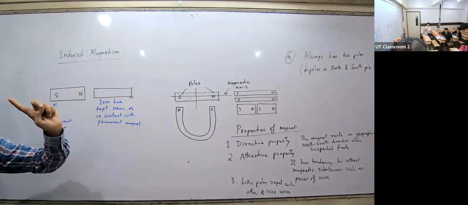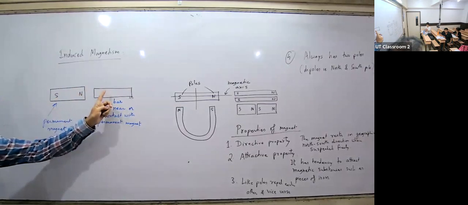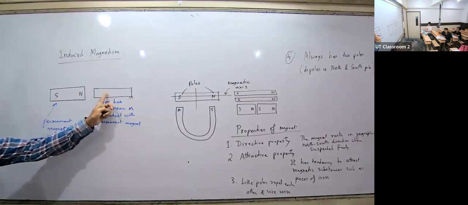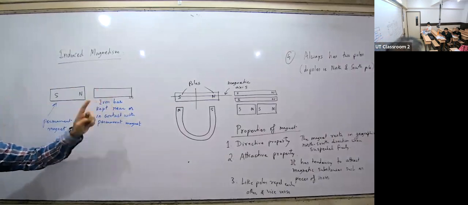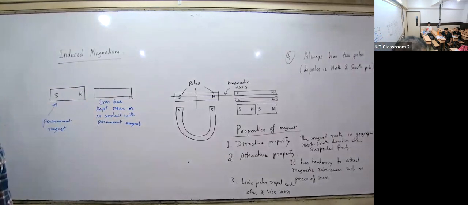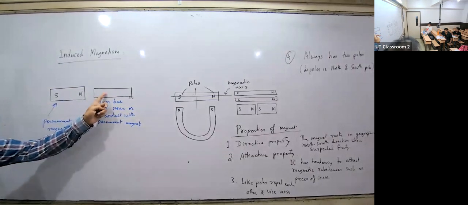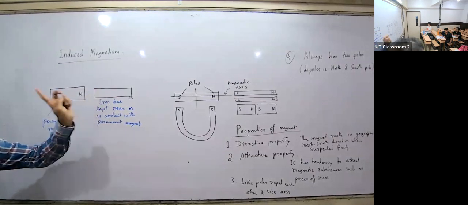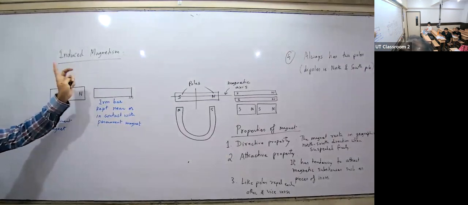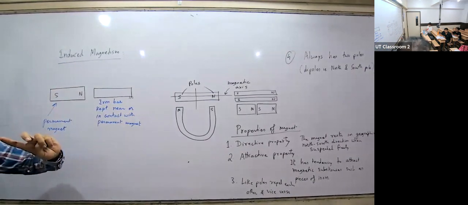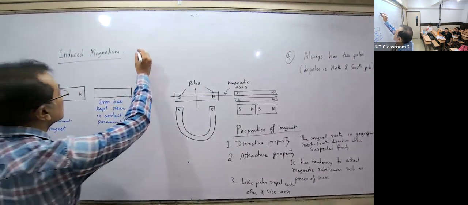This acquired temporary magnetism by this iron bar is called induced magnetism. So it is acting as a magnet under some situation, not always. That is why it is called induced magnetism. Understood?